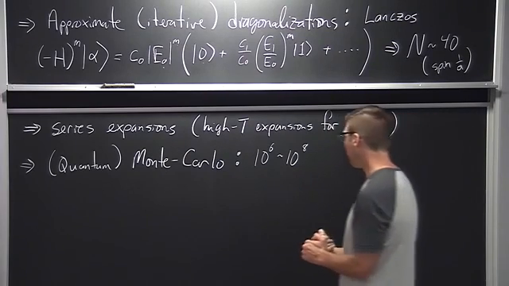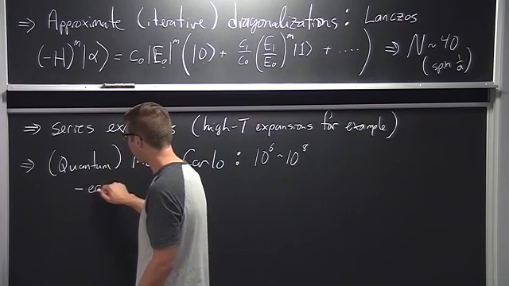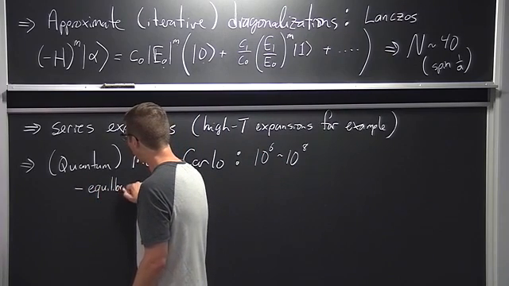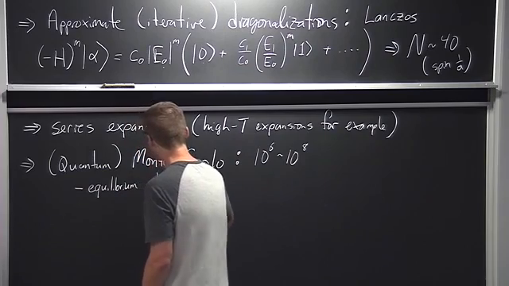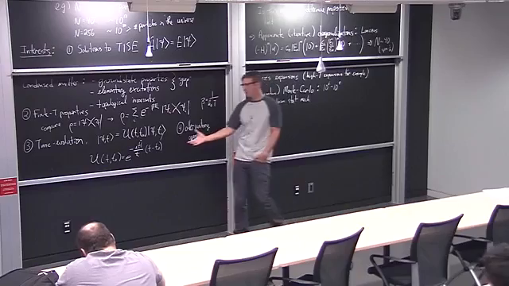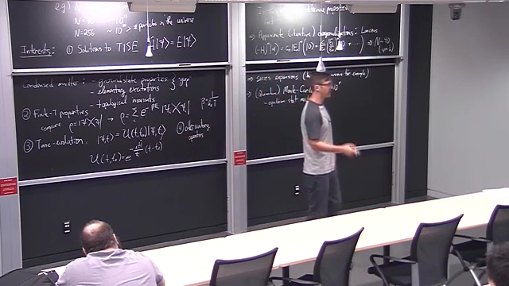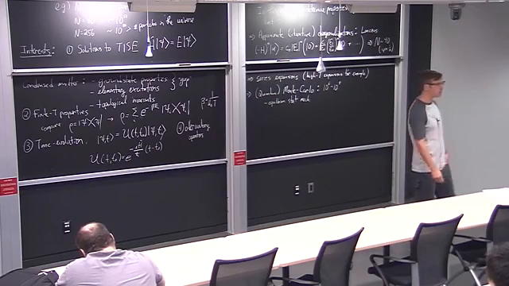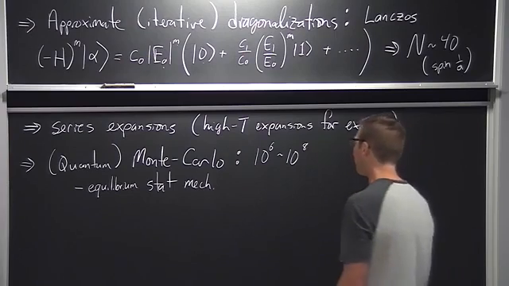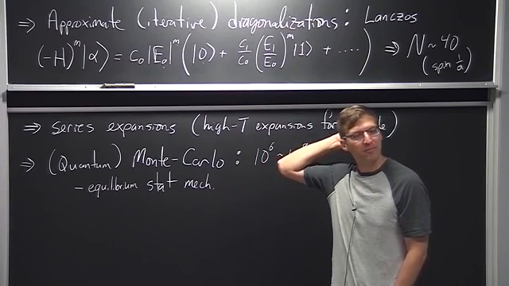So one drawback is Monte Carlo essentially gives you equilibrium stat mech. So there's going to be no time evolution. There's going to be no dynamical structure factors if you're calculating neutron scattering properties, for example. You can't get S of Q omega from a Monte Carlo.